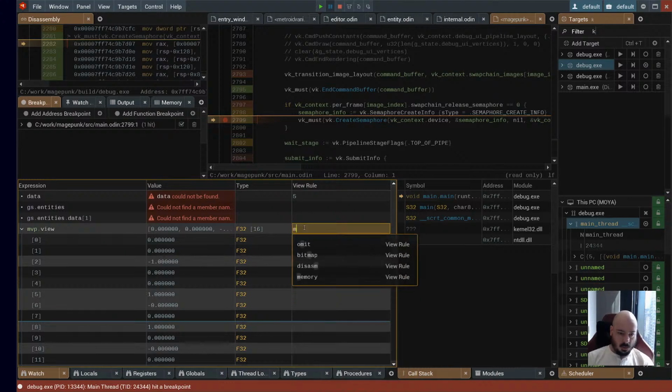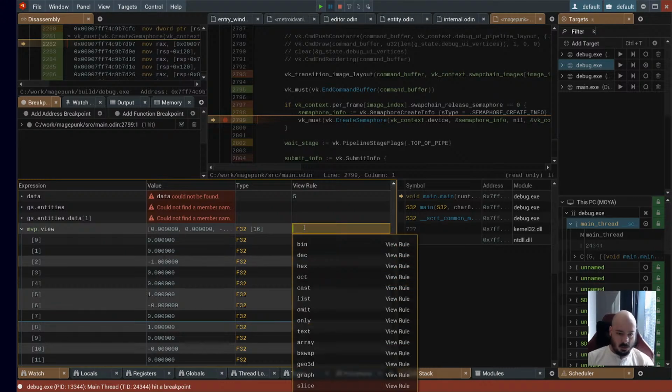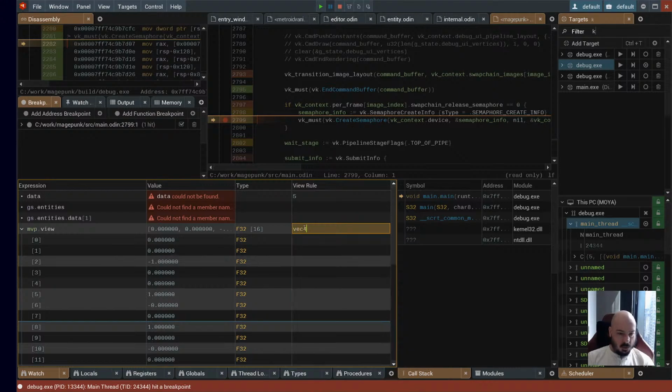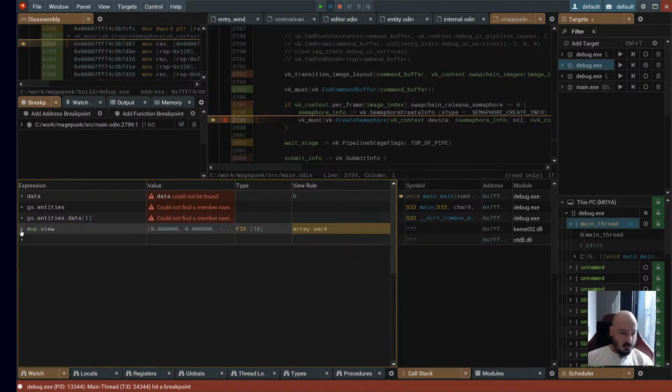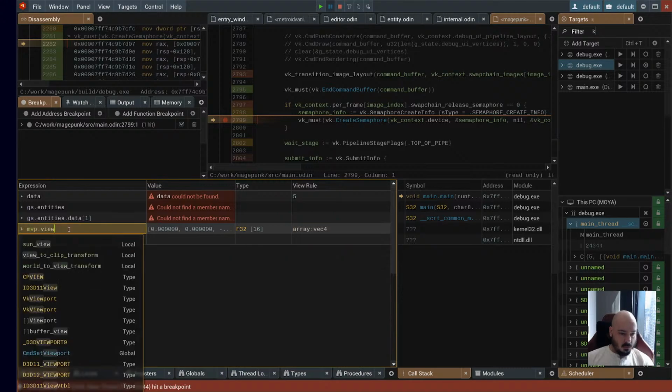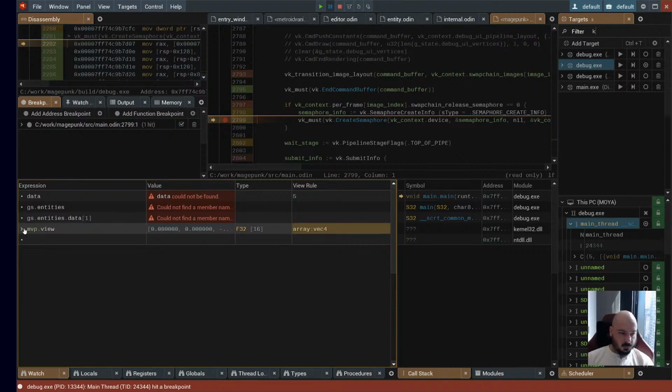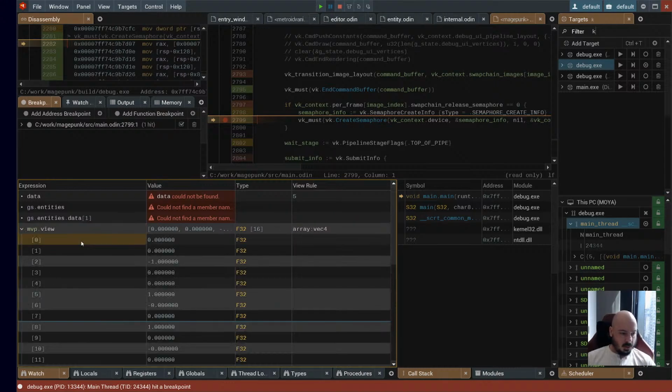Is there a matrix viewer in here? Matrix, maybe there is, but I'm gonna say this is vec4s. Damn. All right.